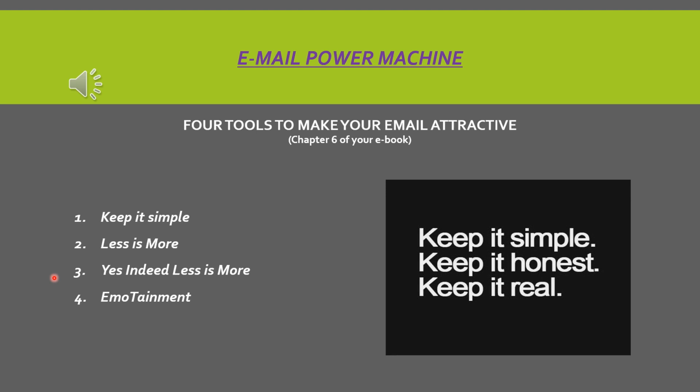Another one here, point 4, is emotainment. What is emotainment? Yes, that's the question, of course. Emotainment is a combined word from emotion and entertainment. So write texts that are easy to read and that entertain your audience, that make your audience smile.